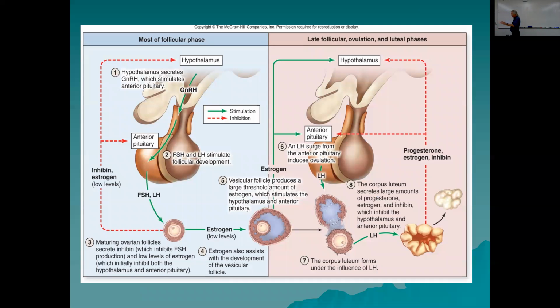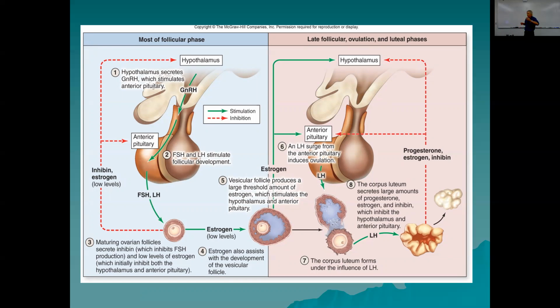Okay, there is the axis, the hypothalamus, pituitary, ovarian axis. Hypothalamus secretes GnRH, which stimulates the anterior pituitary to secrete FSH and LH. They stimulate follicular development. Maturing ovarian follicles secrete estrogen and inhibin.